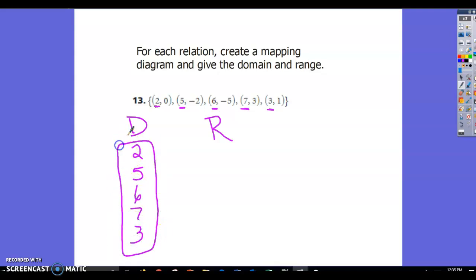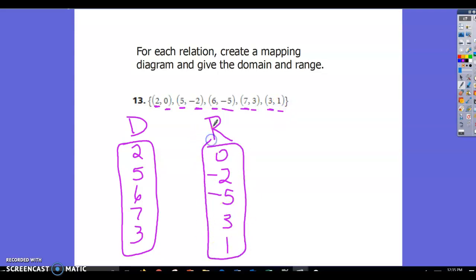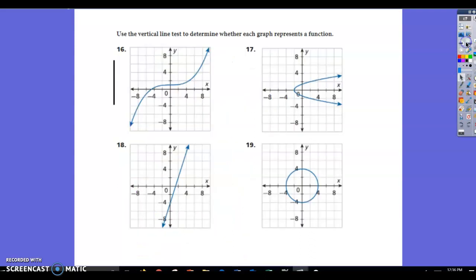So this would be our domain. And our range would be 0, -2, -5, 3, and 1. So our range would come from the y values. And then if you wanted to create a mapping diagram, 2 goes to 0, 5 goes to -2, 6 goes to -5, 7 goes to 3, and 3 goes to 1. That one's pretty easy because each element in the domain goes to exactly one element in the range.